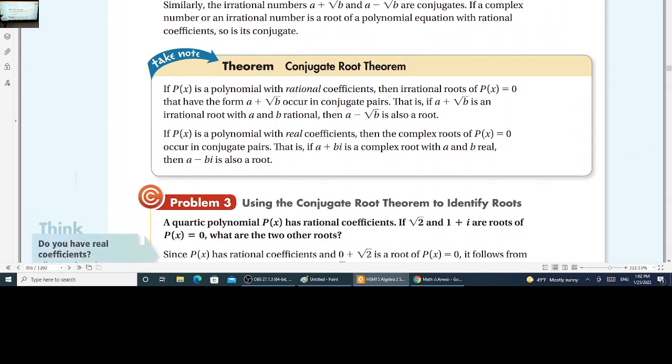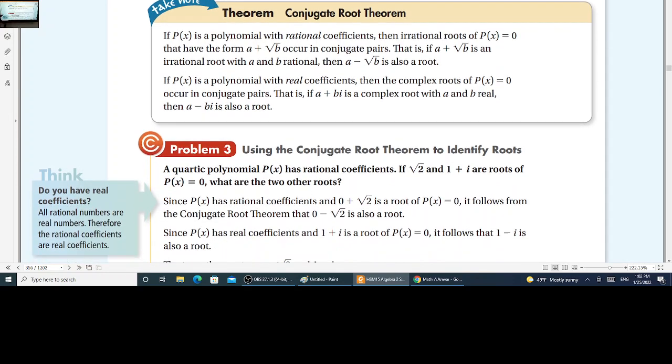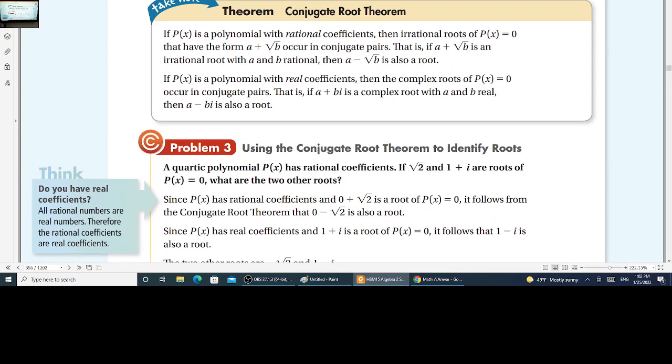Now the second theorem is the conjugate root theorem. If p of x is a polynomial with rational coefficients, then irrational roots of p of x equals 0 that have the form a plus square root of b occur in conjugate pairs. That is, if a plus the square root of b is an irrational root with a and b rational, then a minus the square root of b is also a root of this polynomial.